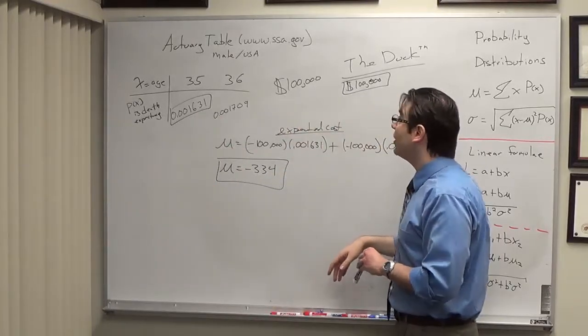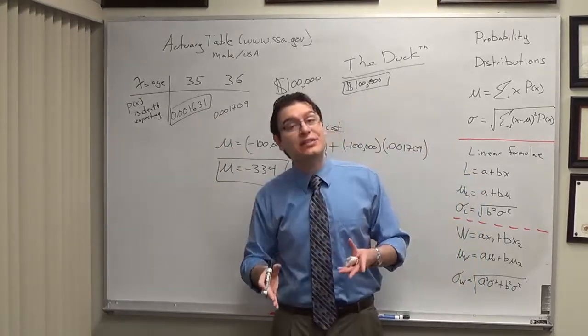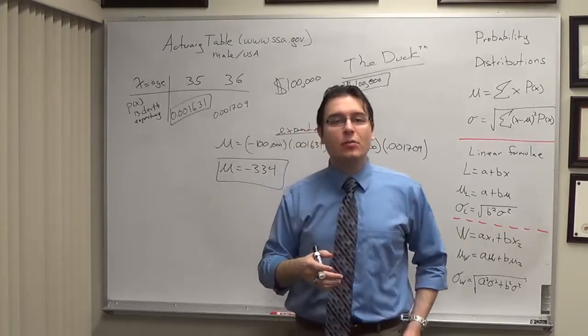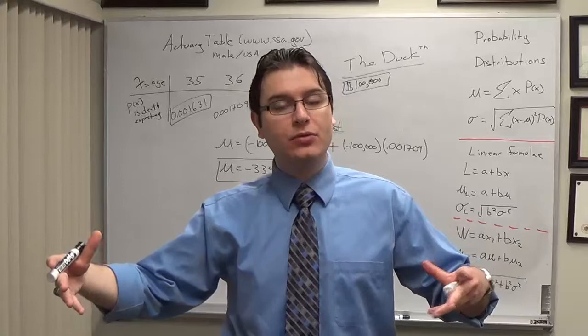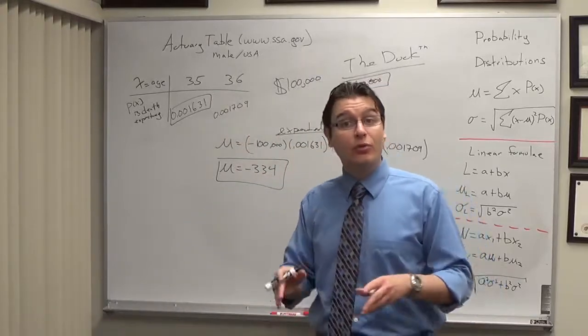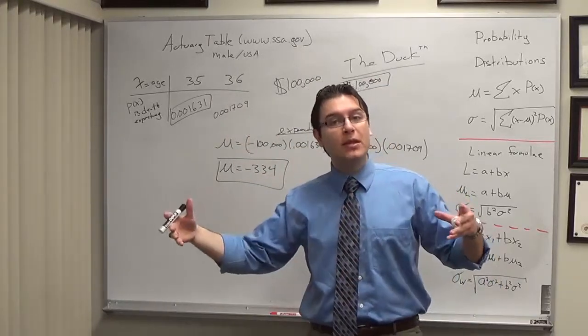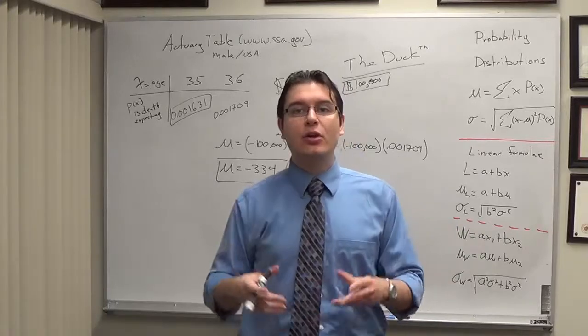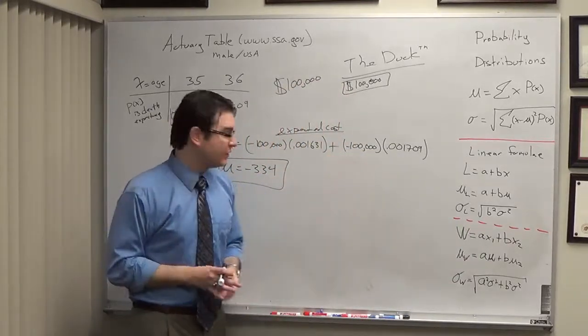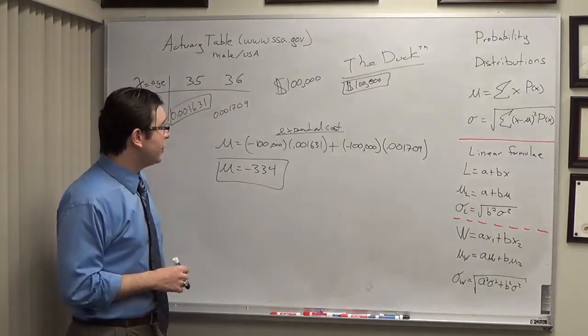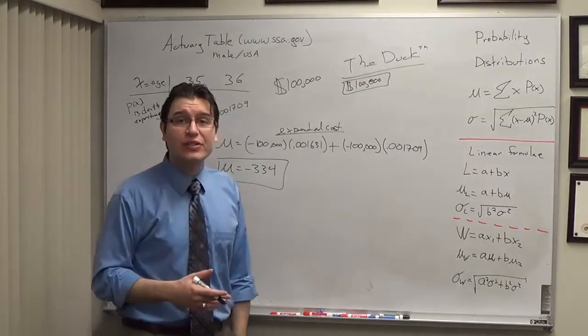But that's not what we're talking about. We're talking about expected value. And most insurance companies rely on the fact that they have lots of people who they insure. And we know from the law of large numbers that as you get more people, the more you expect actual scenarios to work out to be according to the probabilities. So this is what it would be expected to cost the insurance company.